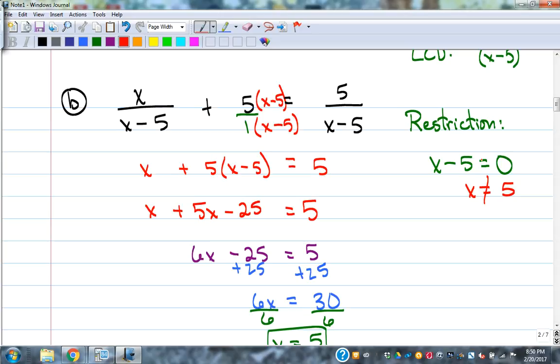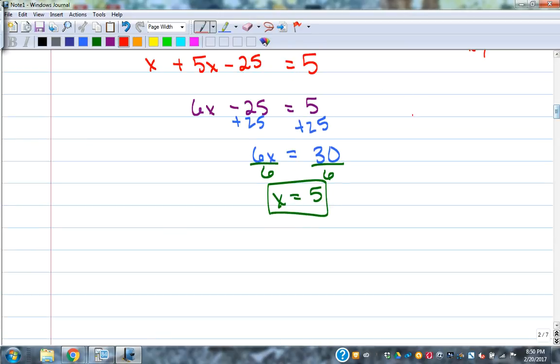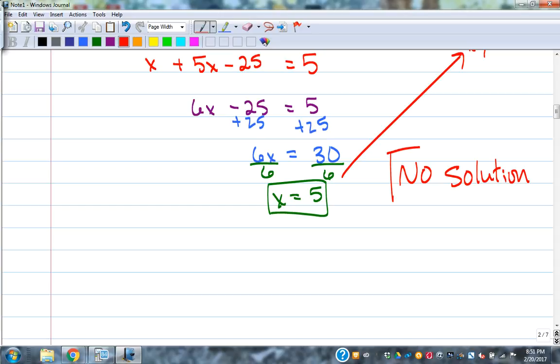But what did we get for an answer? So those cancel each other out, so there's no solution. Because that's the only one we had. The numerator, yes. The numerators are what you're working with. That's right. Okay.